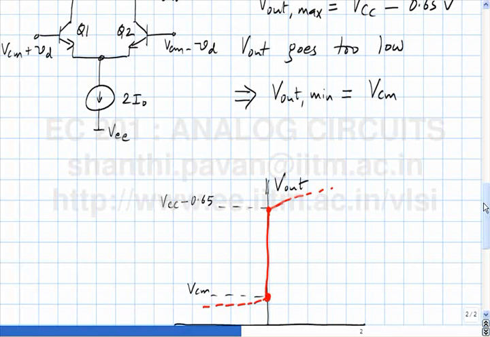And there also, when you plotted the input versus output characteristic, you find that there is a very, very sharp slope, and for inputs beyond that, the gain reduces. So this is exactly the differential analog of a common emitter or a common source amplifier with an active load.